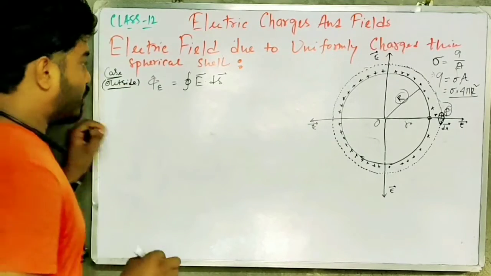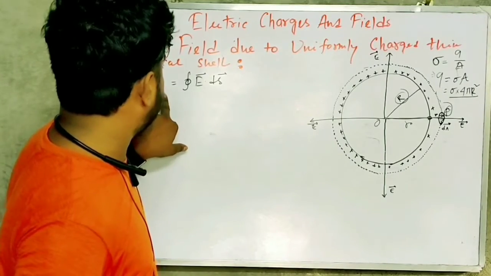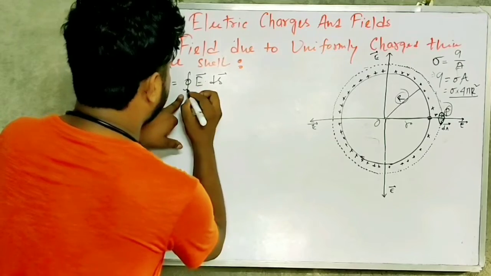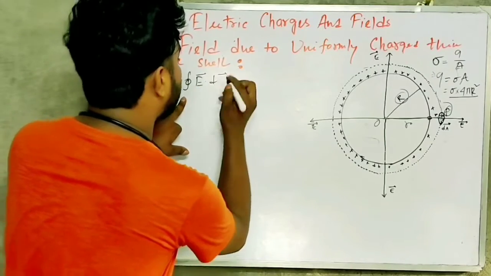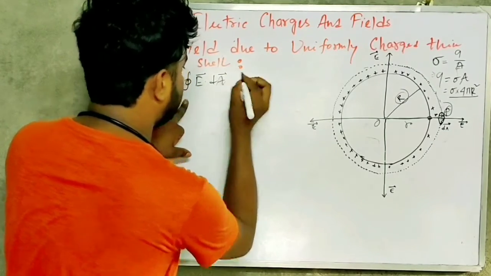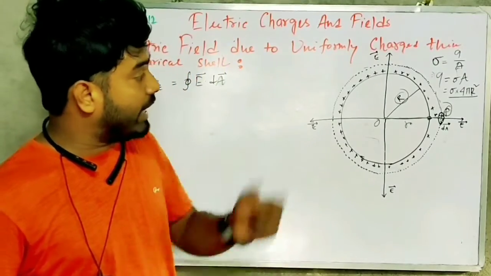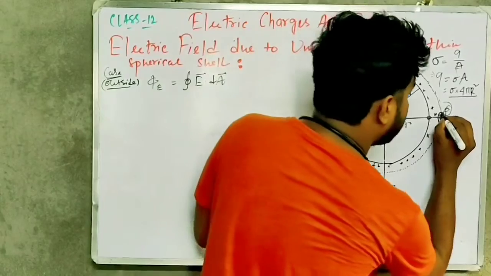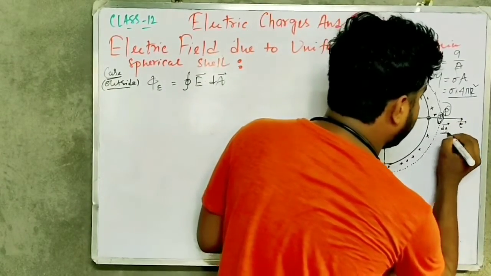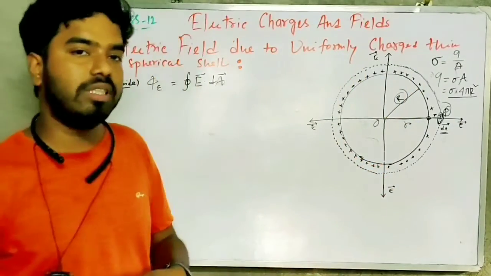According to the formula we know the electric flux phi is equal to the closed integration of E dot dS, or it may be dA, which represents the area vector. Clear? So just check it. Here we consider a small area element dA, and what is the direction of this area vector?